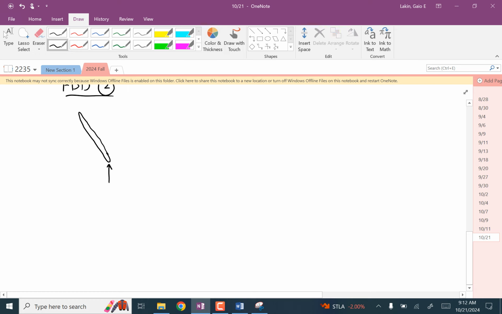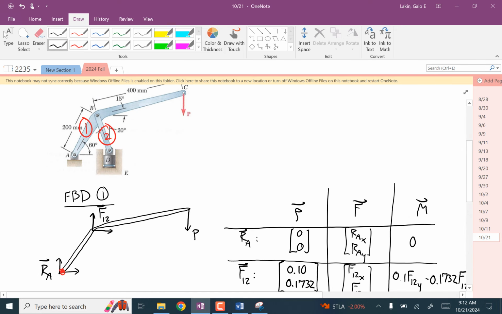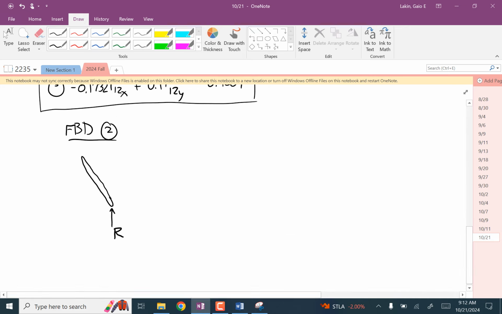Okay, that's what we're trying to find. I'm going to call that just R, and that's what we're looking for. There is a force that's keeping this from accelerating side to side.